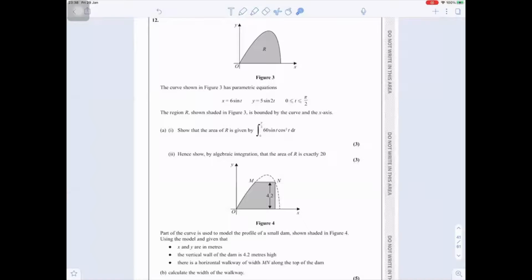It says part of the curve is used to model the profile of a small dam, shown shaded in figure 4. Using the model and given that x and y are in meters, the vertical wall of the dam is 4.2 meters high. There is a horizontal walkway of width MN along the top of the dam. Calculate the width of the walkway.